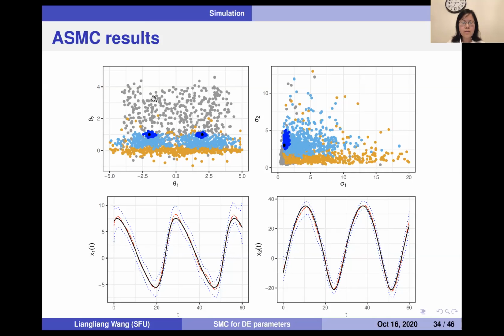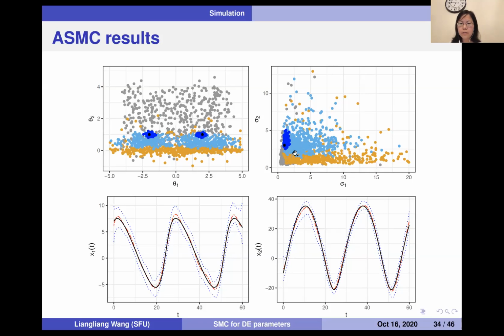The green one are the initial particles, the yellow one is 1/6 of the iterations, this is a half of the total iterations, and this one is the final iteration. I'm not sure whether you can see it clearly, but there are two black dots which represent the true value. You can see the posterior particles can cover the true value.